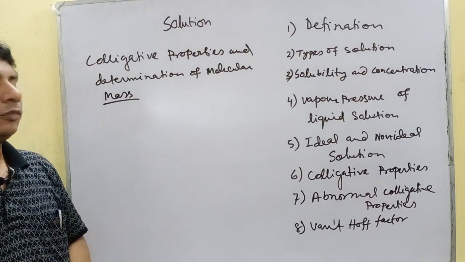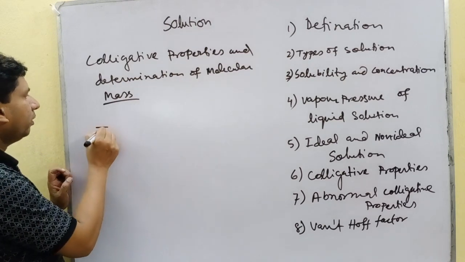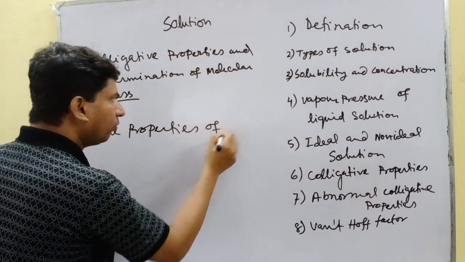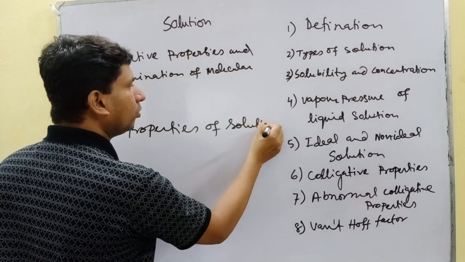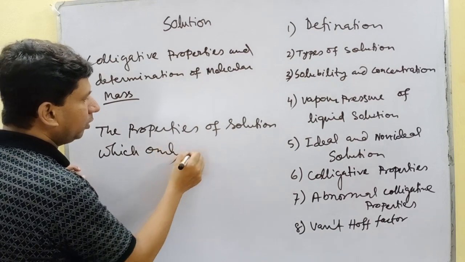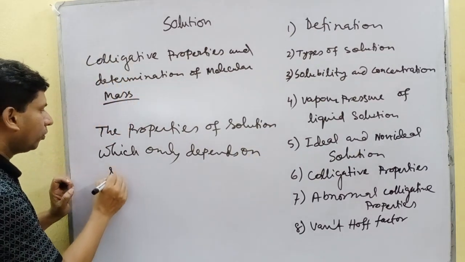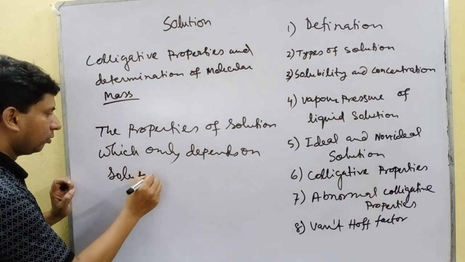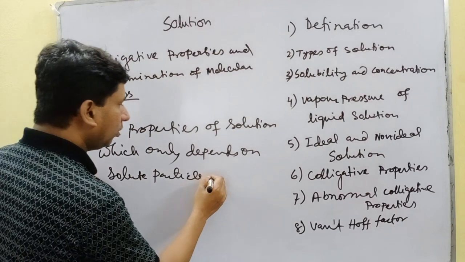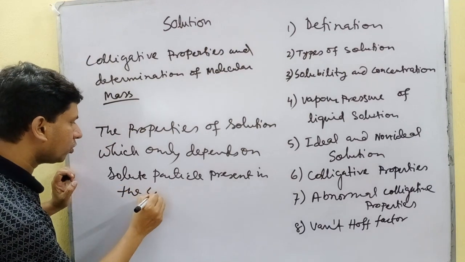A colligative property is a property of a homogeneous mixture or a solution, a property of solution which only depends on the solute particles present in the solution.